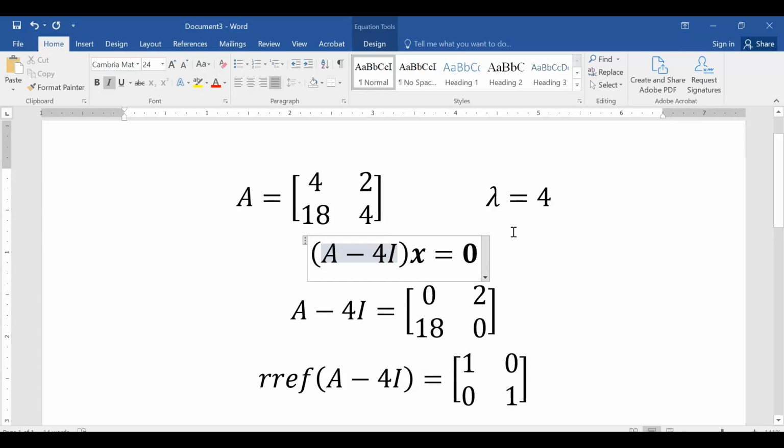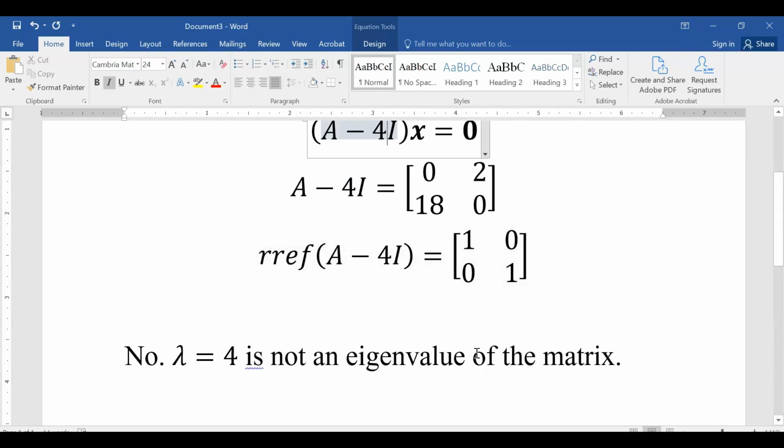And therefore we say that lambda equals 4 is not an eigenvalue of the matrix. Now, this does bring up one interesting fact, okay?